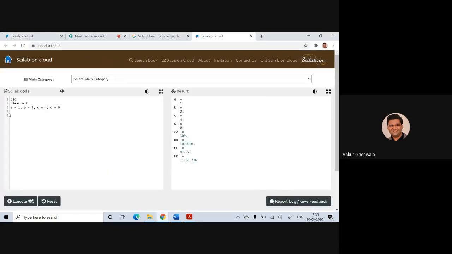So I am now also removing this, and sine pi means 180. So sine 180 plus cos 2 pi. 2 pi means 360 degree.